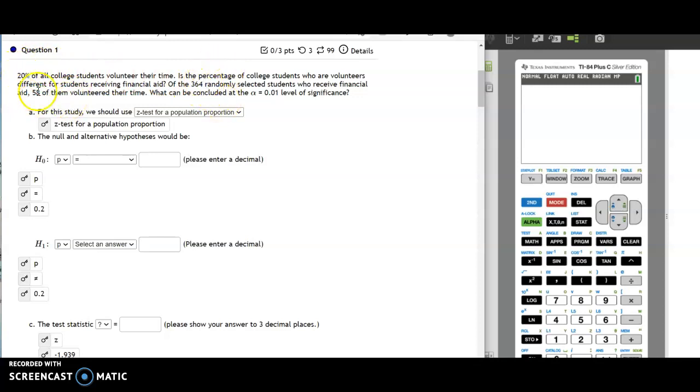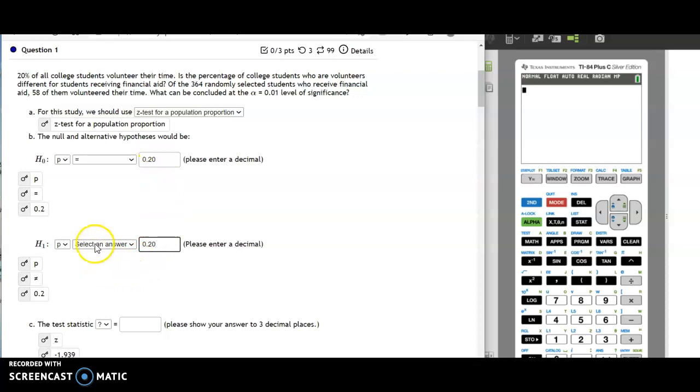And in our sample, we had 58 out of 364 of them doing volunteer work. So whatever number is given as what we used to believe, that's what you're going to put in the hypotheses. So that 20% is going to go in as a decimal, and it will be the same number always. In all hypothesis testing, you should have the same number in both of the hypotheses.